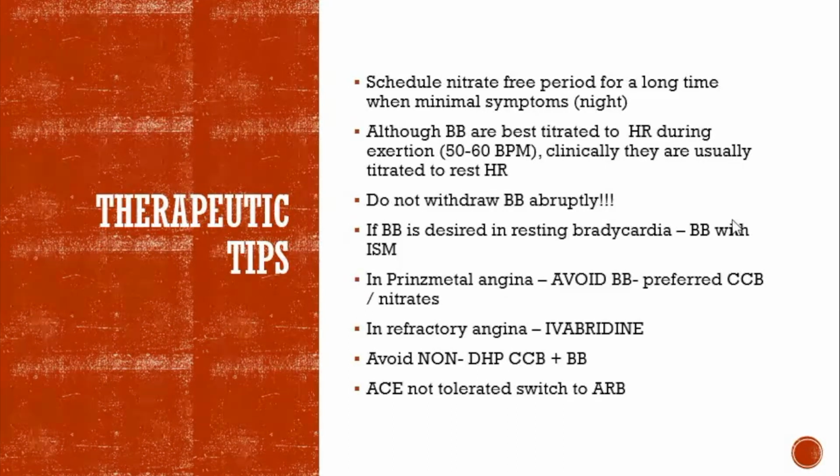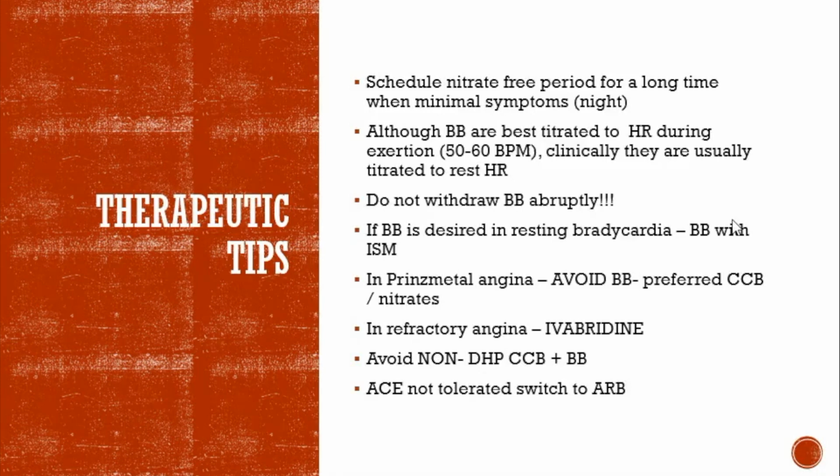Now you might be asking me, ma'am, even the non-dihydropyridine calcium channel blockers act in a similar way as beta blockers. How can we use the calcium channel blockers? Because they act similarly to beta blockers on heart rate, so they decrease the heart rate.